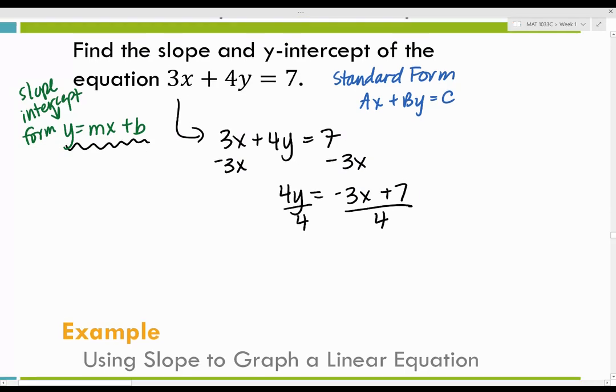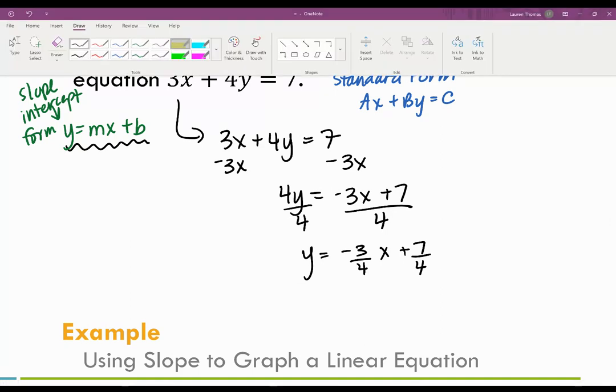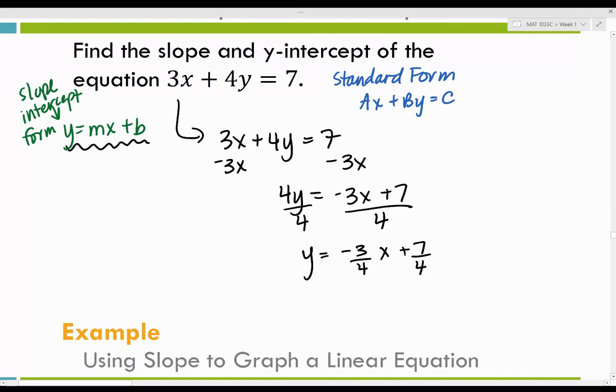Okay, and that's going to give me y equals negative 3 over 4x plus 7 over 4. Now my equation is in slope-intercept form. So now I'm able to tell them what the slope is and what the y-intercept is. Remember, your slope is the coefficient that sits in front of x. So my slope is negative 3/4, and my y-intercept is 7 over 4.